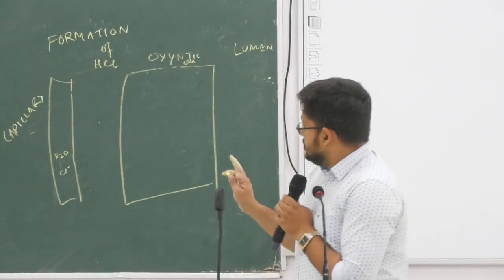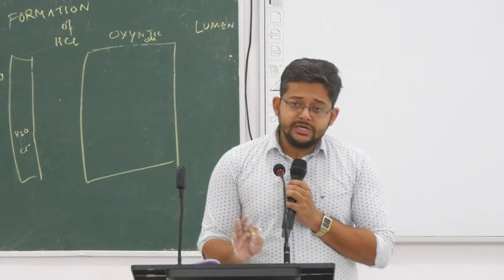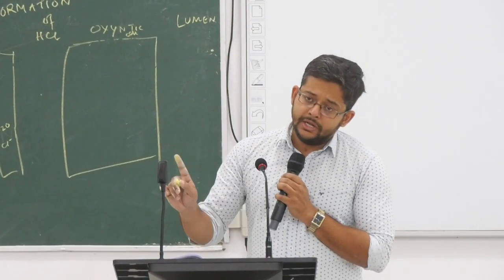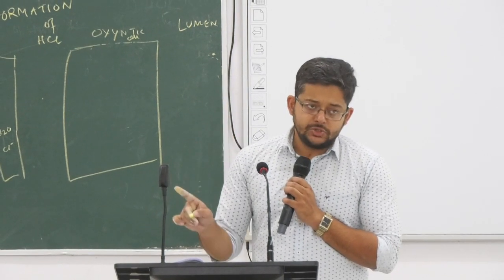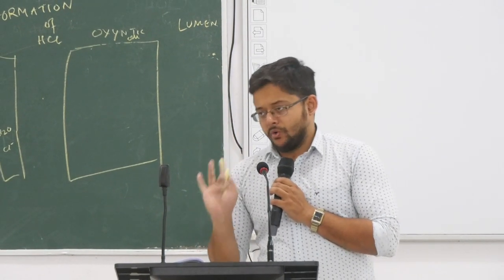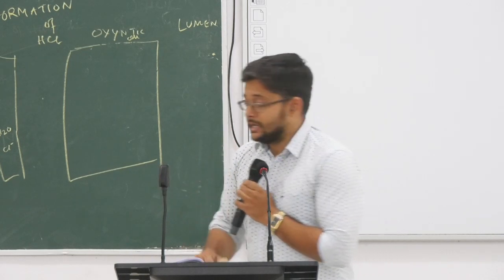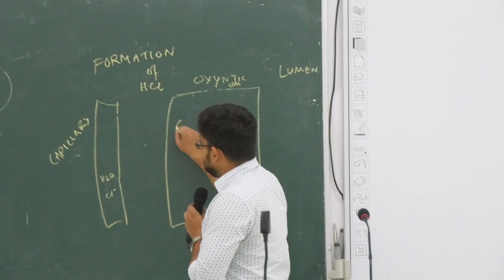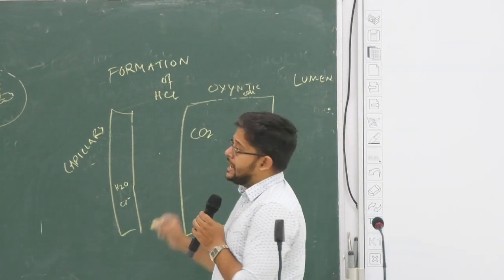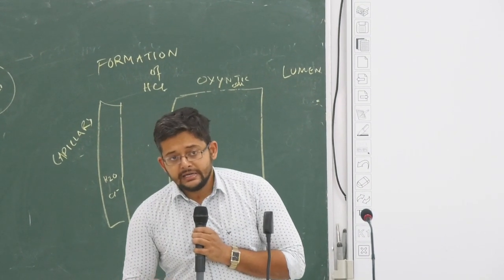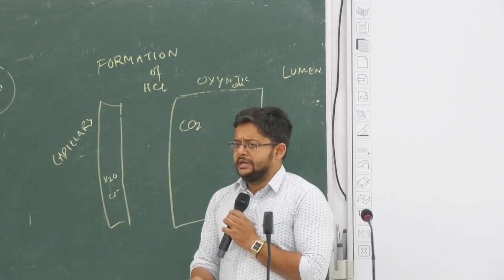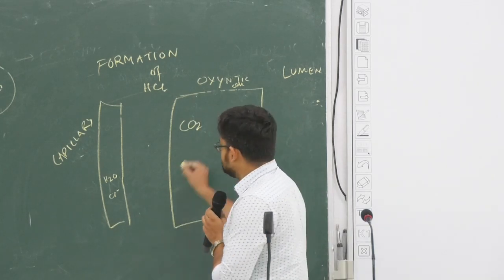Okay. For HCl secretion we need one atom of H plus ion and one atom of chloride ion. This is required to be present in the lumen. How are things happening? In any cell, due to metabolism, carbon dioxide is created. And 60 to 70% of any cell in our body is water.